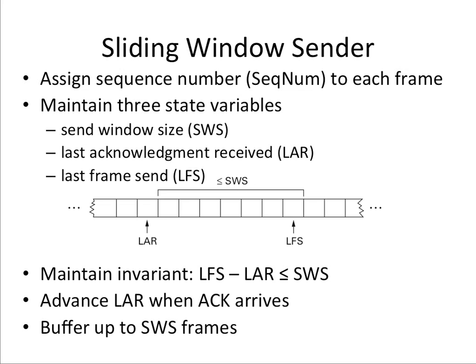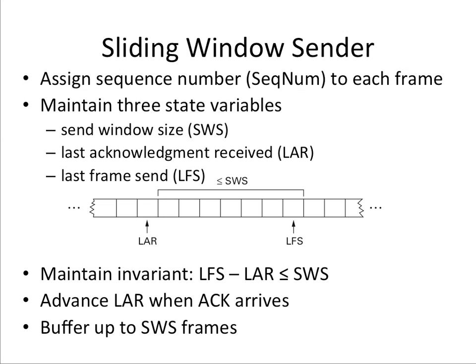So we need that. And we need to know the last packet that was acknowledged, right? And then the last frame that we have sent. Why do we need to keep track of these two pieces of information? Because that tells us the number of outstanding packets, basically. That's a guess for how many packets might already be in the network, right?